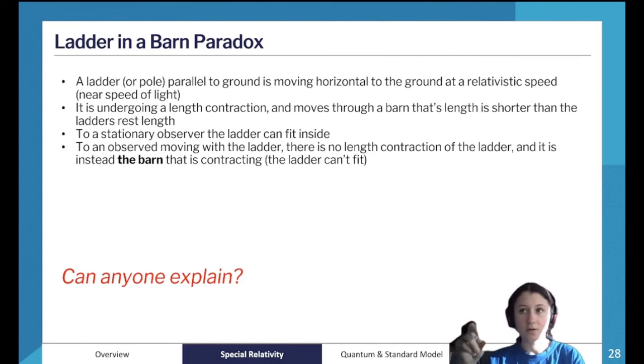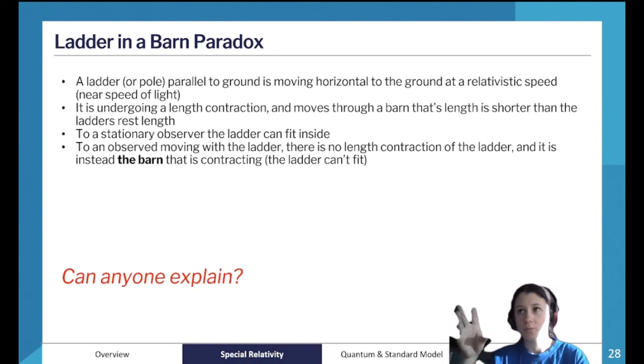So the barn got skinnier. So she's running through the barn, and the barn is even skinnier than it was before, meaning that the ladder fits even less than it did when she measured it initially. So she's running through, and this ladder is way too long for the barn. She keeps running.